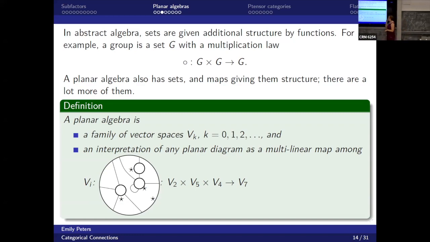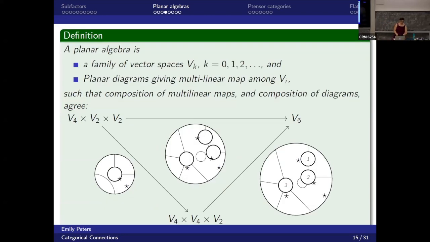So the number of points along the boundary determines which vector space you're taking inputs from. Here we have V2 cross V5 cross V4, and we land in V7. And of course, composition of planar diagrams should correspond to composition of multilinear maps. This is what it means to say that we're taking a representation of the operad of planar diagrams.